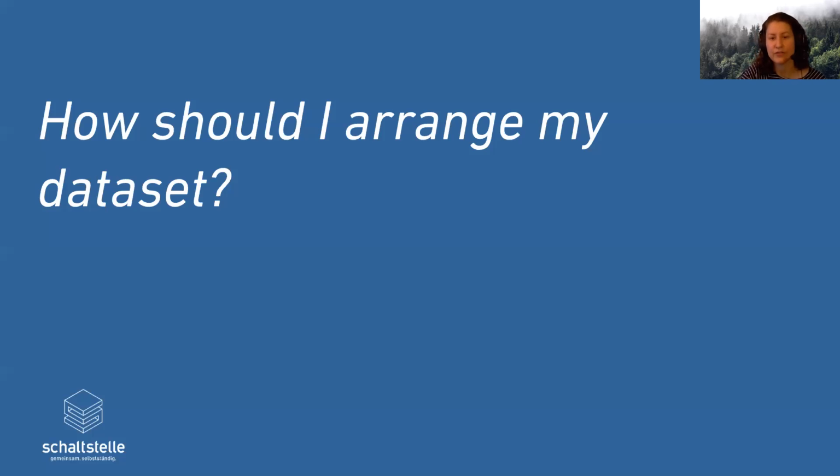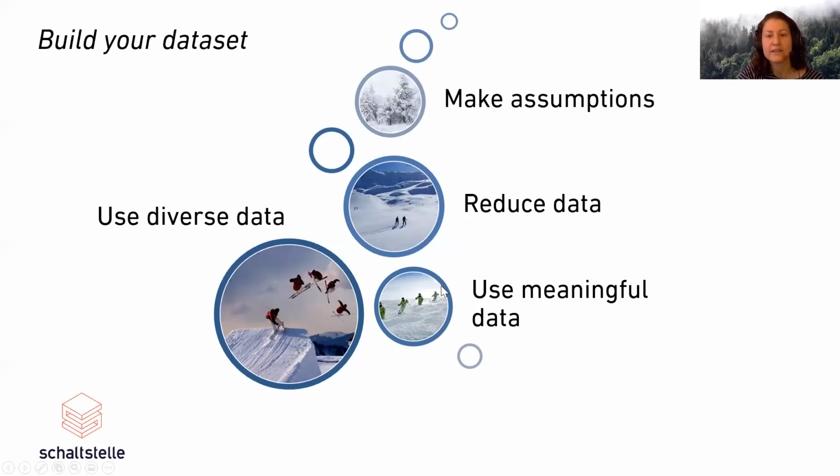Now, if I have all the raw data, the logical next step would be to arrange my data set as we said. Now let's have a look how the data set needs to be arranged exactly. When building a data set, you should aim for a diversity of data. You should gather both internal and external data when you are a company or a skiing region, for example.